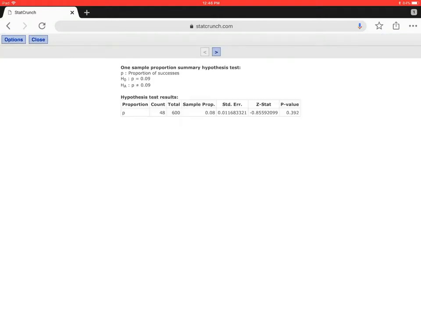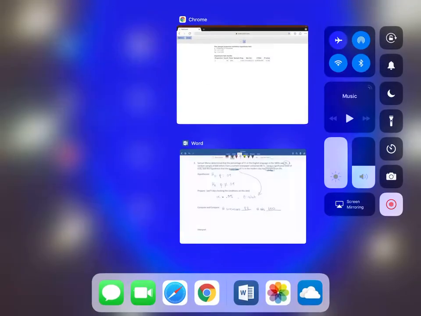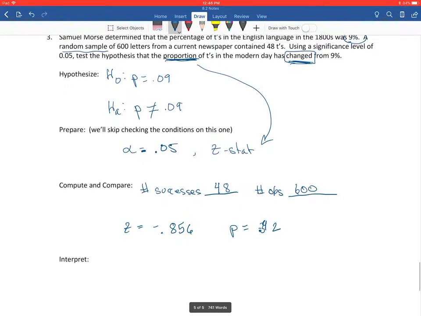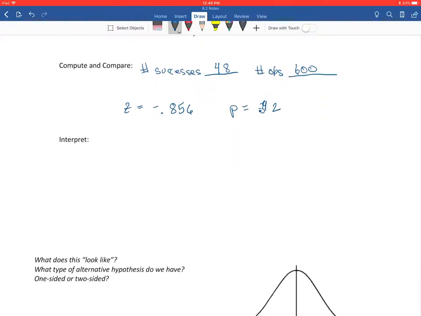I'm going to make my plot, and I'm going to compute. Check out that Z and that P value and record those on your paper with me. So the Z value came back as negative 0.856, and the P came back as 0.392.